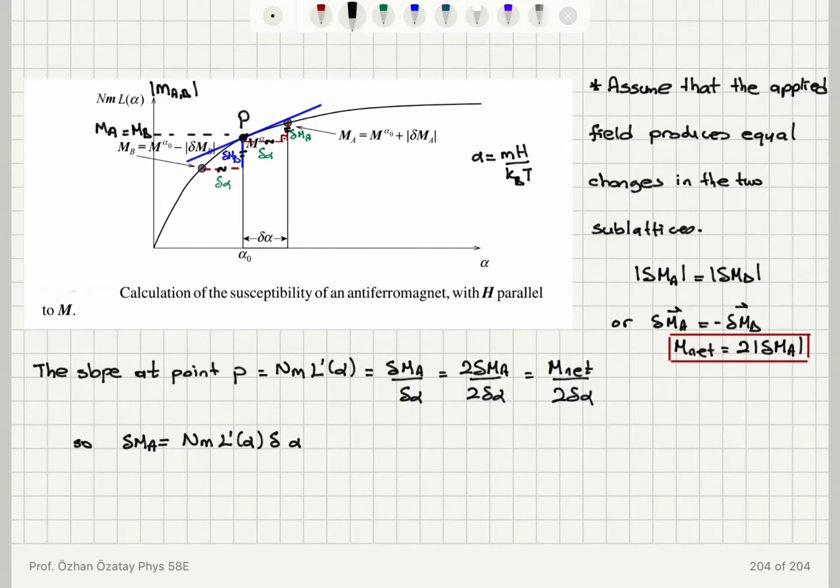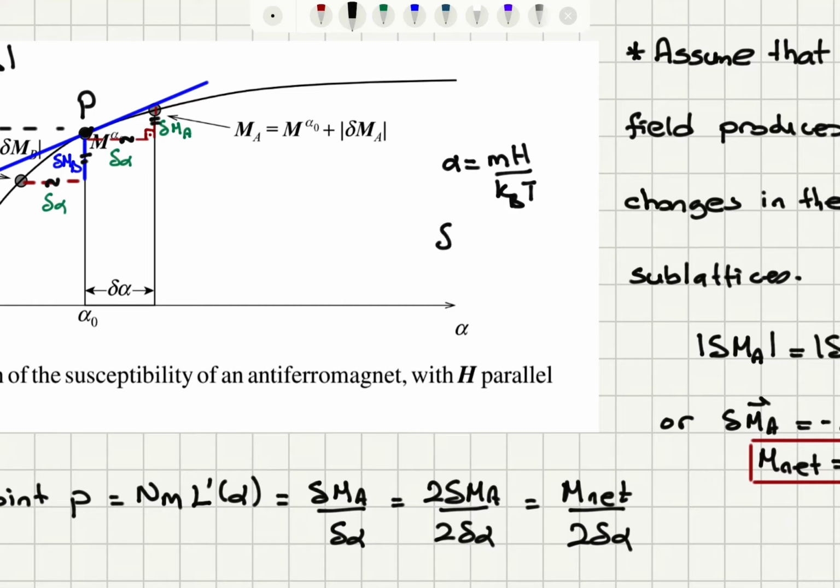So what is delta alpha? Alpha, remember, is m H over kB T. So delta alpha is basically, for each sublattice, m over kB T, where m is the magnetic moment per atom, times the change in the magnetic field acting on, say, the A sublattice. So how much is the change in the magnetic field acting on the A sublattice? We can calculate that.